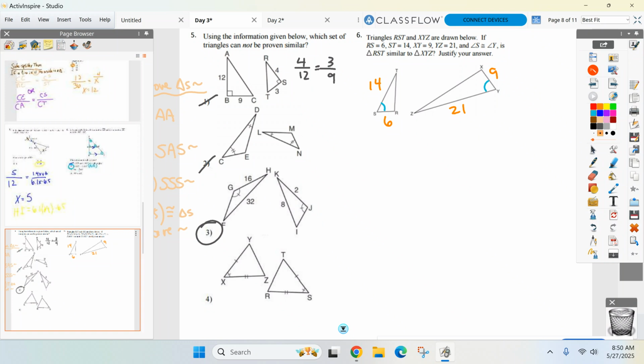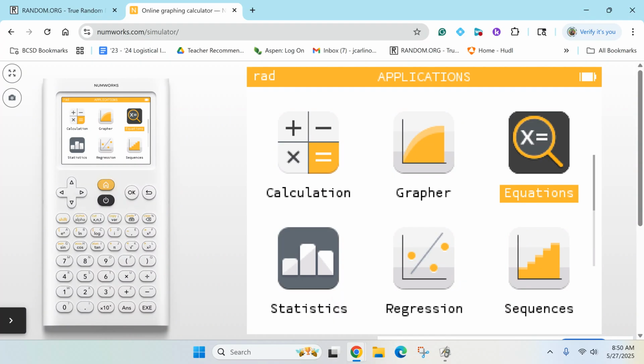So we've got to test, are the sides in the same ratio?